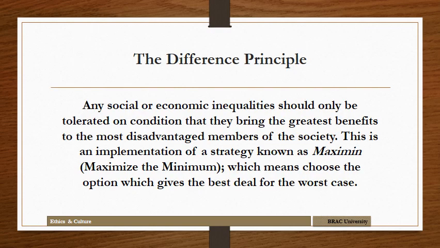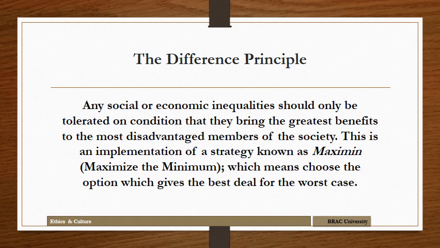So, at this point, Rawls introduces the second half of the just distribution of primary goods principle. This is the difference principle. With the difference principle, Rawls insists that any social or economic inequalities should only be tolerated on condition that they bring the greatest benefits to the most disadvantaged members of the society.